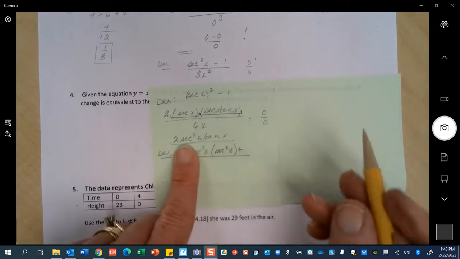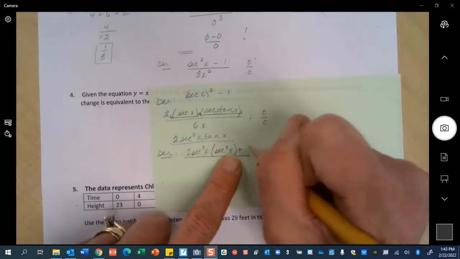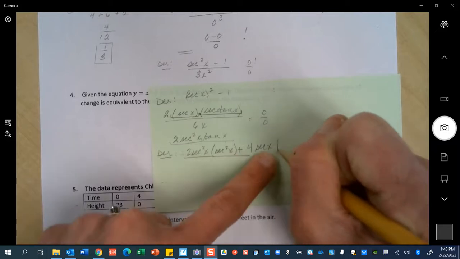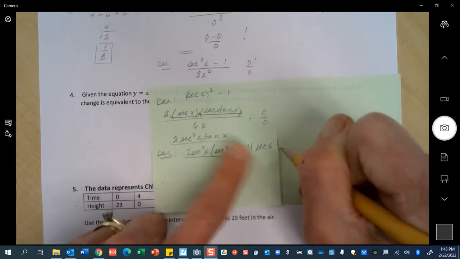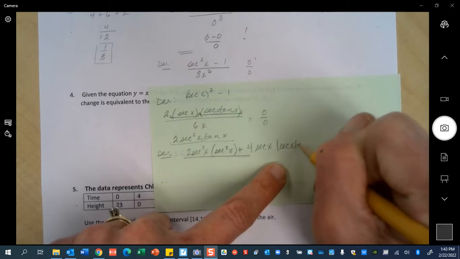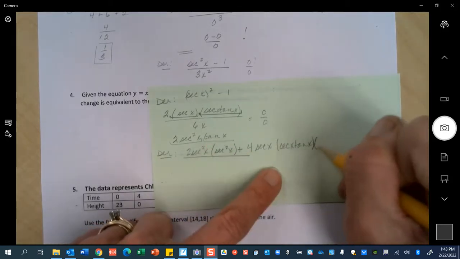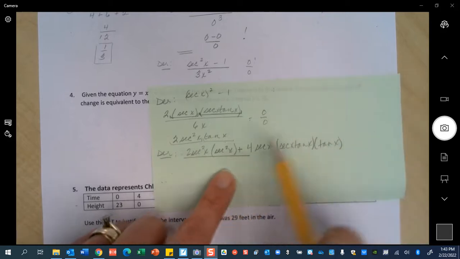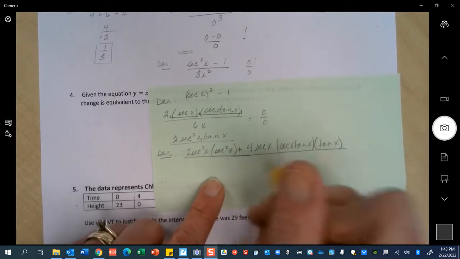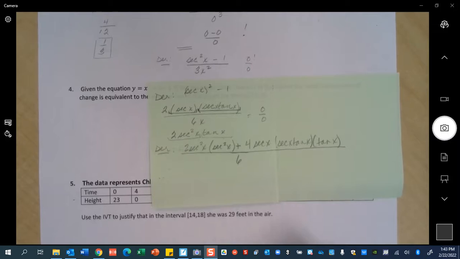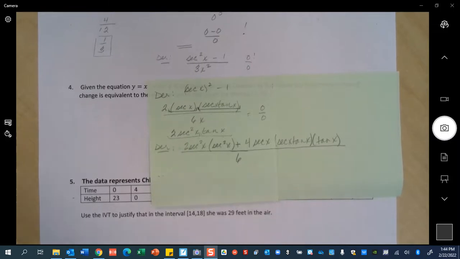Now I need the derivative of my first, which is going to be 4 secant of x times chain rule. Secant of x tangent of x times my second tangent of x. And this is what we were all hoping for, was we finally get the 6 in my denominator. Mental note, next year leave more space.